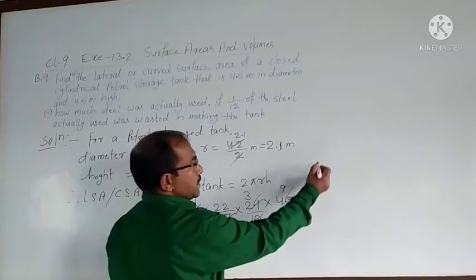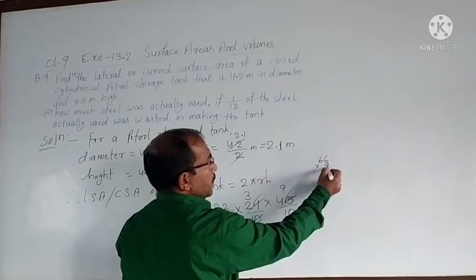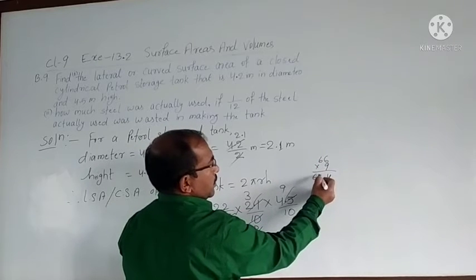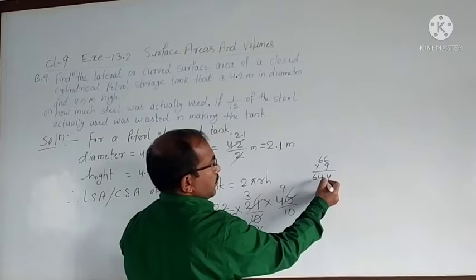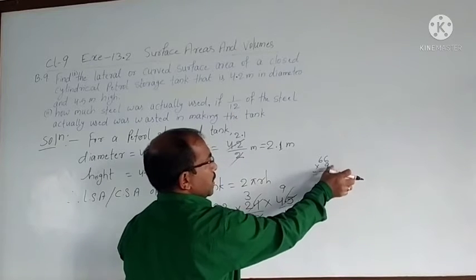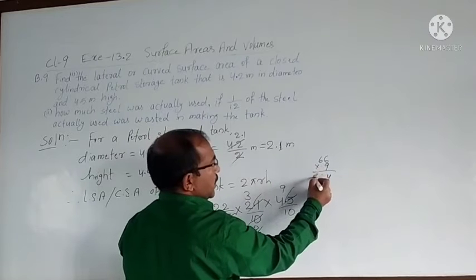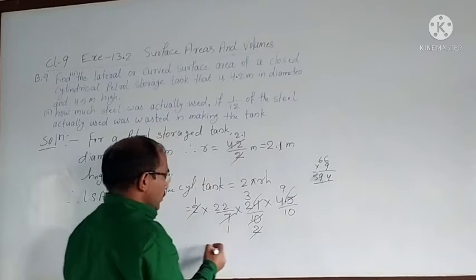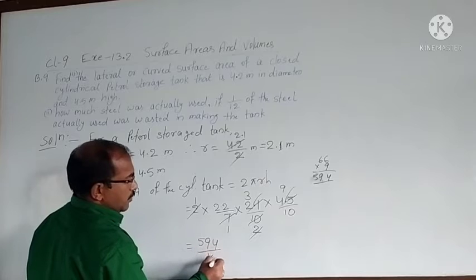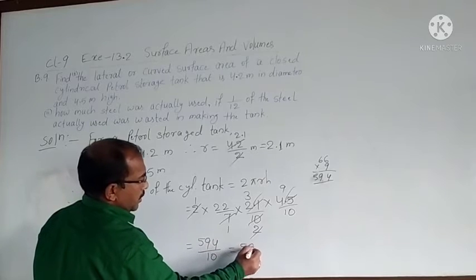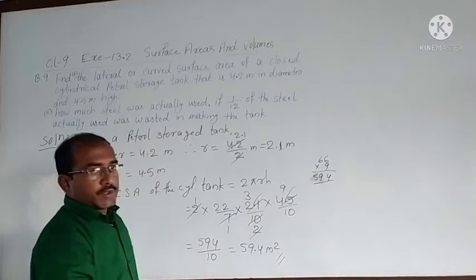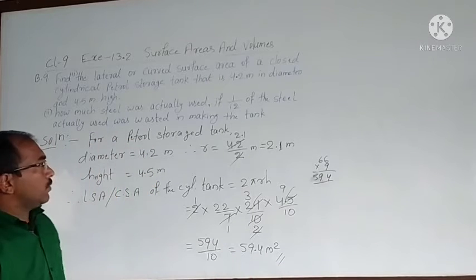If we multiply 66 into 9, what we get? 9 sixes are 54, again 9 sixes are 54, and 5 is 59. So 594 we will get, and in the denominator 10 is there, so it is simple to divide. 59.4 meter square is the curved surface area. So the first one we have done.